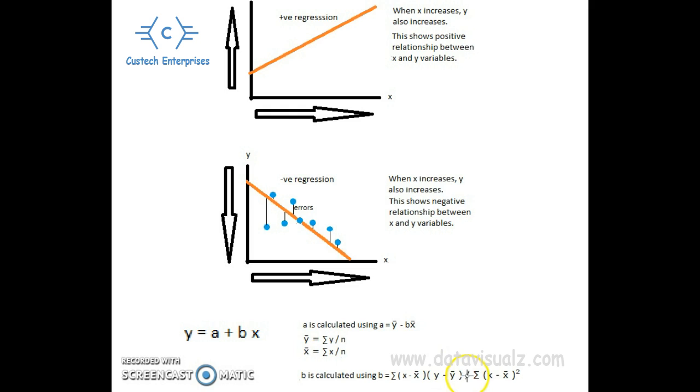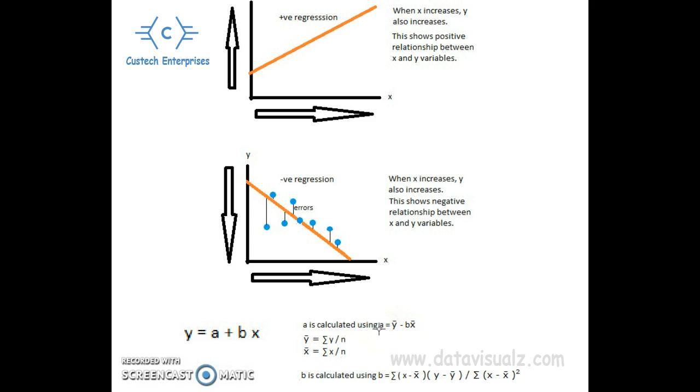Now once b is calculated, this is the slope. Slope means how much slant the line has. In this case, if there is a negative relationship, the slope is probably going to come out negative. When we put the value of the slope into the equation, we can easily get the value of a.